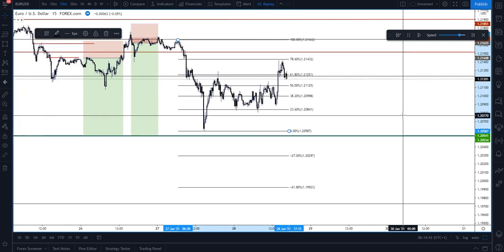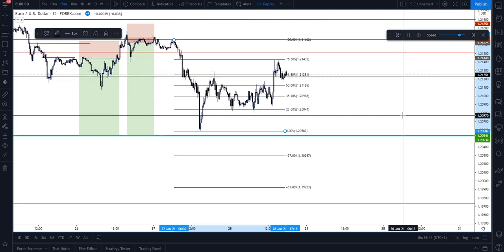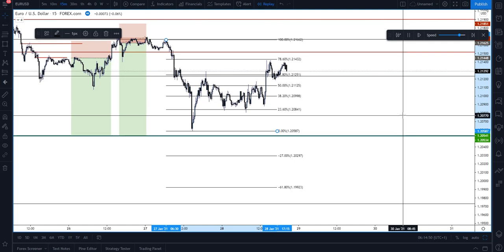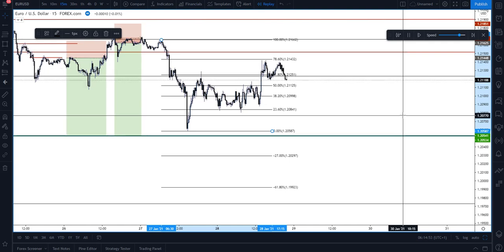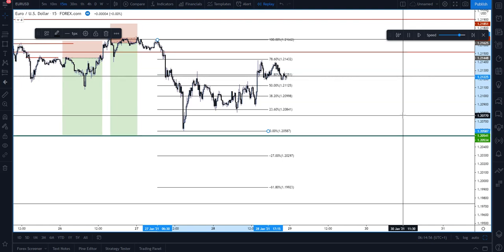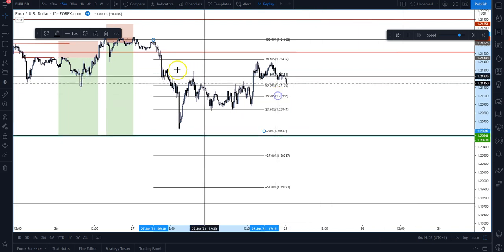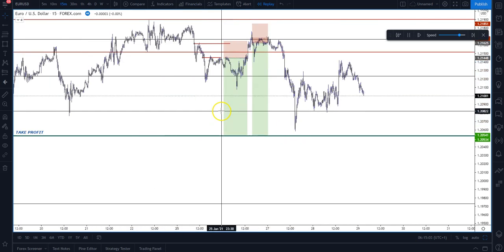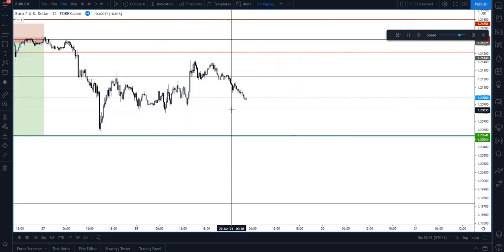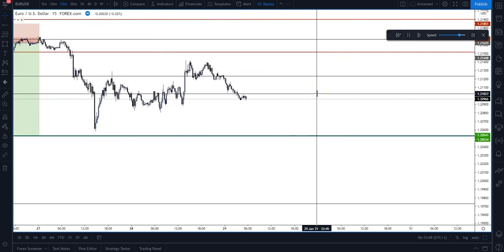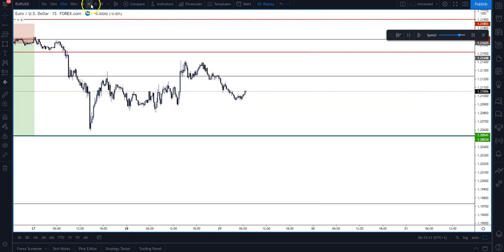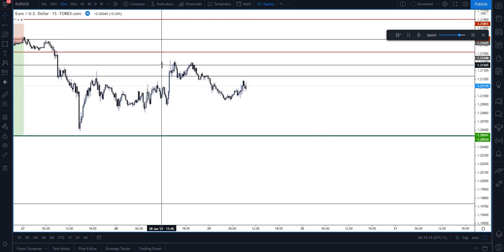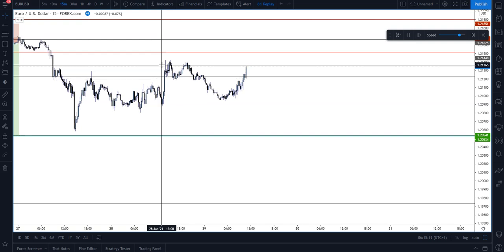Oh, this thing is playing games. I should have just took it to the daily and see what the next candlestick showed.